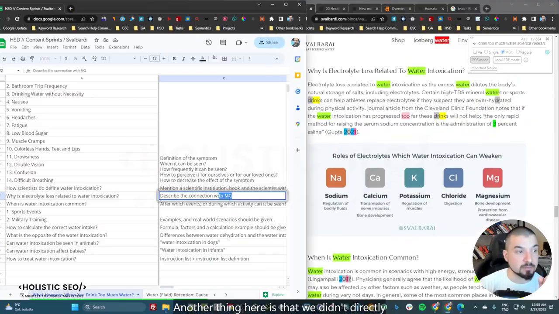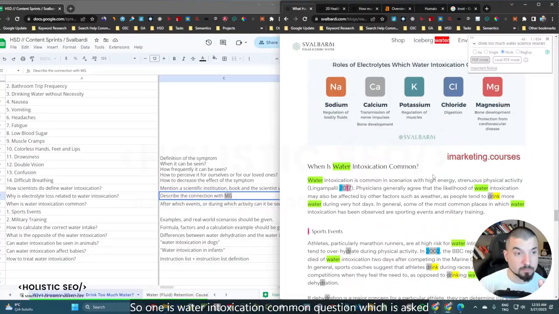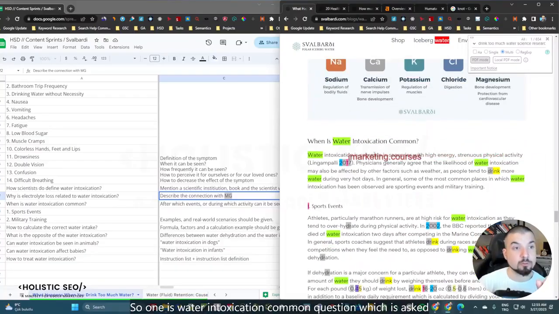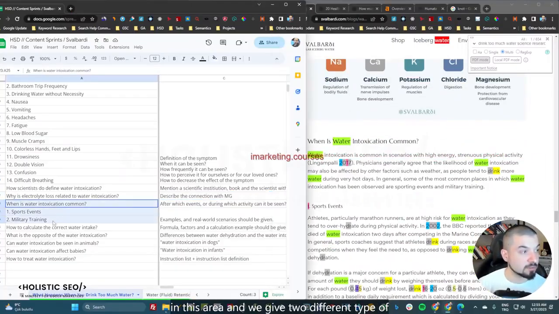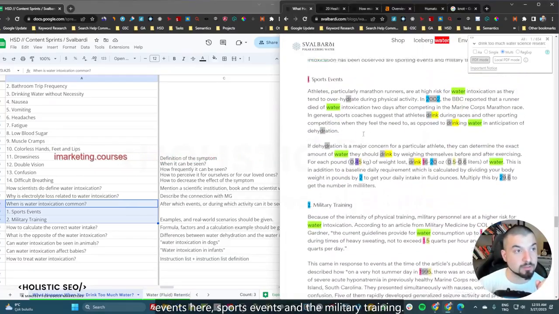Another thing here is that we didn't directly use the milligram, but the percentage in this section will be covering it as well. And here we give the roles of the electrolytes or the types of them at the same time, in the context of water intoxication, together here in the form of an image as well. So one is a common water intoxication question asked in this area, and we give two different types of events here, sports events and military training.